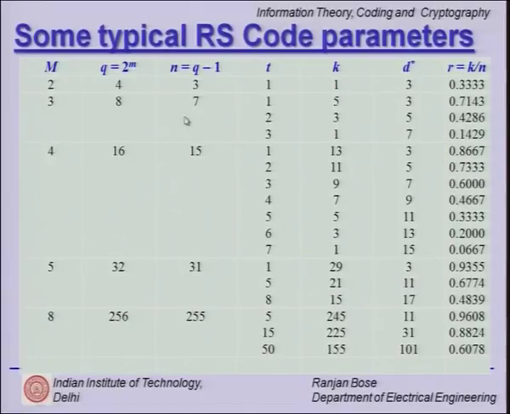But you can go to higher and higher Galois fields, and for example, the moment you go to n equal to 7 working over GF8, you get immediately 1, 2 or even 3 error correcting codes possible, because you need to have those many linear factors. Subsequently, if you go to GF16, you can have up to 7 error correcting codes.